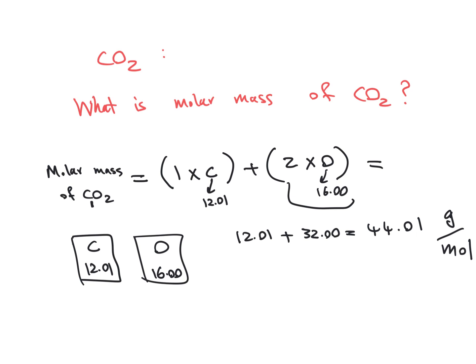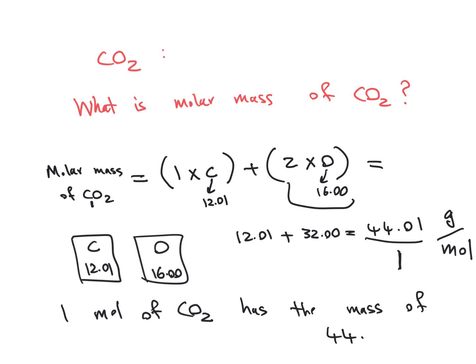But if you calculate molar mass, the unit would be gram per mole. So this tells you 1 mole of CO2 has the mass of 44.01 grams. Is that clear?